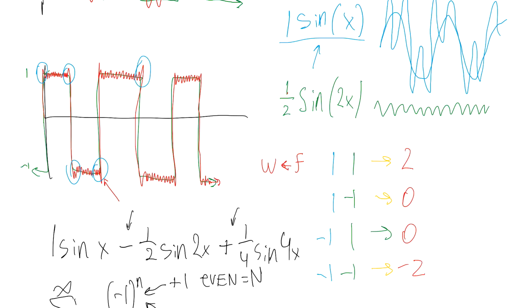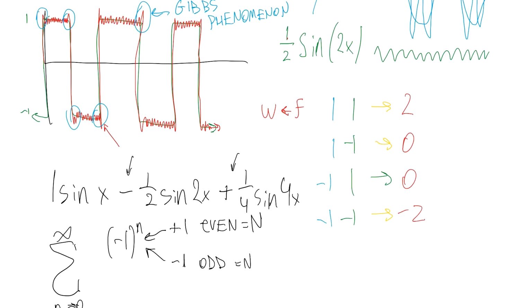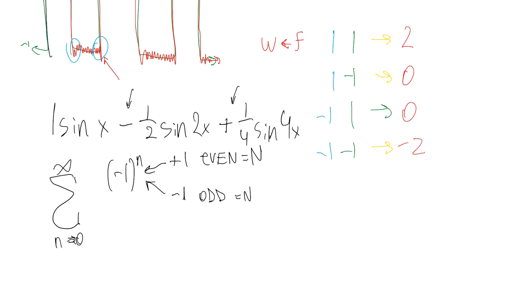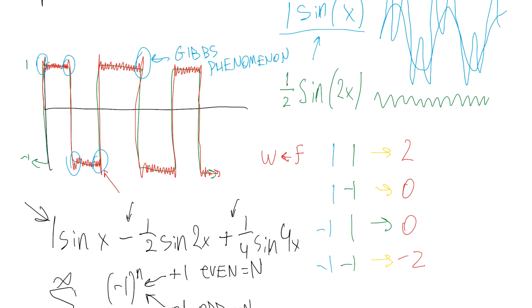So this is called Gibbs phenomenon. And the reason for this is, again, you get a huge amount of things adding up, and you can't possibly have infinite sinusoids in real life.